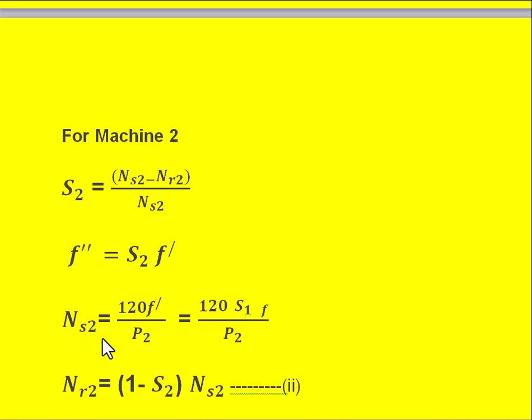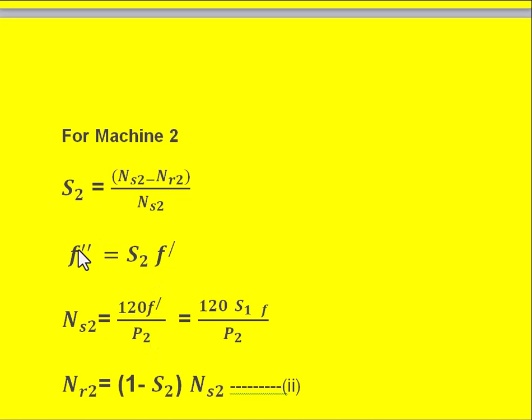Similarly, NS2, the synchronous speed of machine 2, can be written as 120 F dash divided by P2. Here F dash is the input supply frequency to machine 2, and P2 is the number of poles on machine 2.